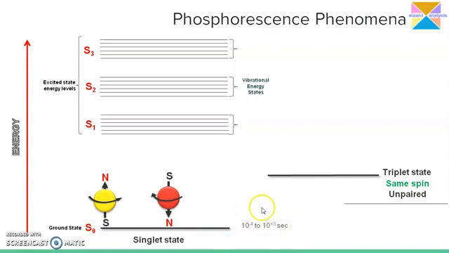So this whole process, as I mentioned, takes 10 to the power minus 4 to 10 to the power plus 3 seconds, and because of this additional time it takes for its stay in the excited triplet state, we call this delayed fluorescence and also phosphorescence. So as I mentioned, lambda 3, the wavelength of phosphorescence, is always longer than the absorption radiation. So this was about the fluorescence phenomenon and the phosphorescence phenomenon.